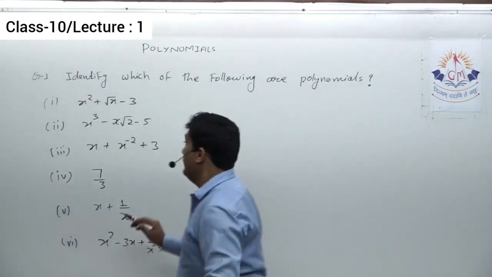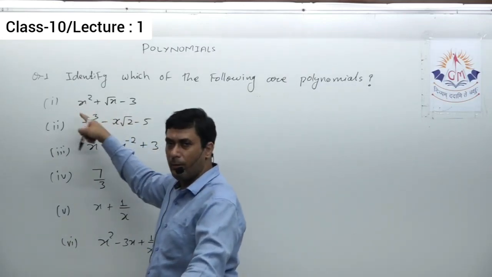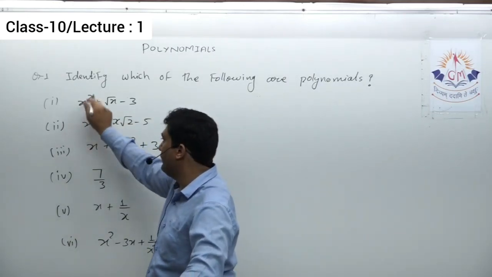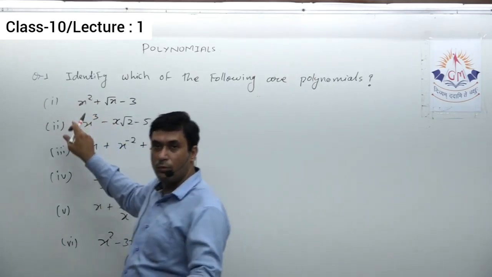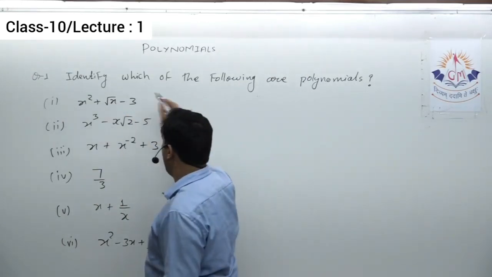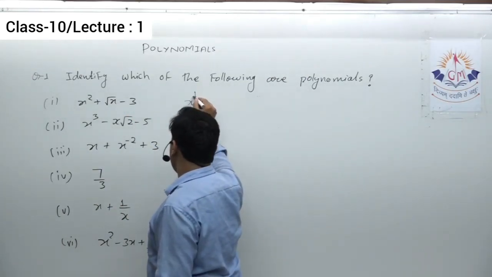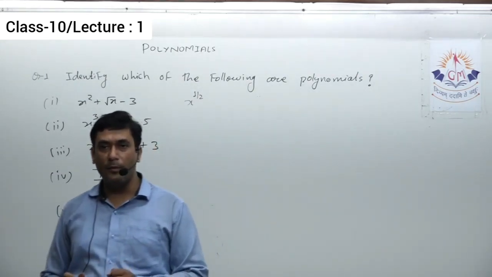So here, first, there are three terms. Now, whether it's a polynomial or not, that we'll definitely see. In the first term, the power of the variable is 2. 2 is a whole number. Now, the second term is root x. Root x means x raised to 1 by 2. Wherever there is root x, it means the power is 1 by 2.